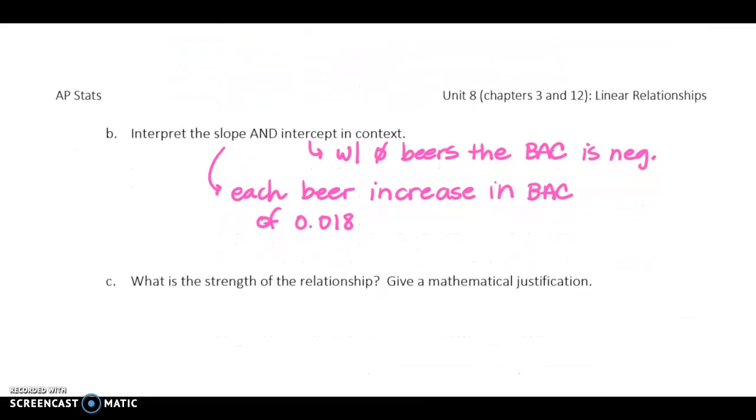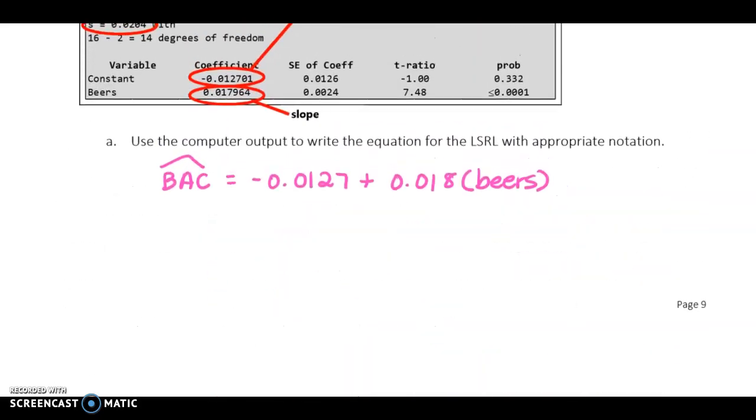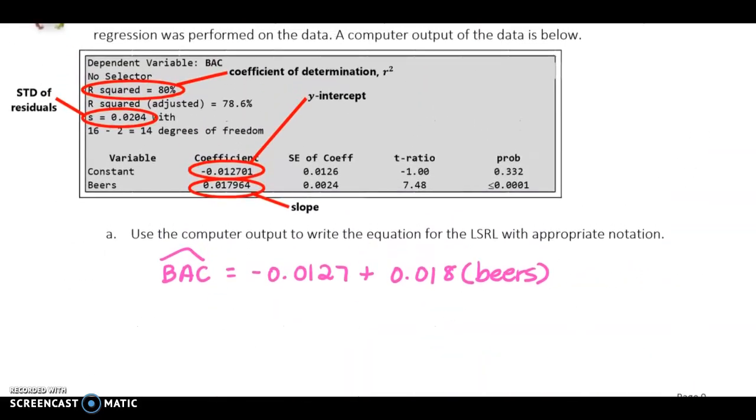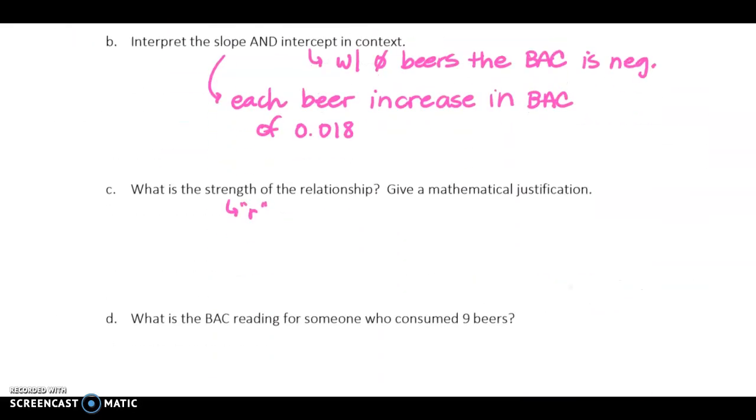So the strength of the relationship, remember, is thinking back to our correlation coefficient, R. I'm going to go back up to my reading here, and I only have R squared. So I know that R squared equals 0.8. If I take the square root of both sides, I get plus or minus 0.89.